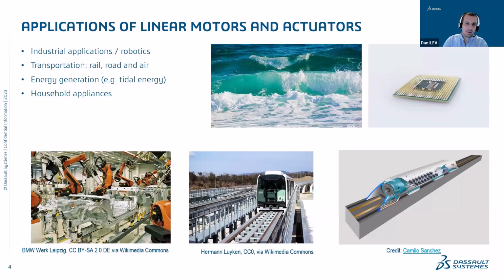Obviously, industry, there are many different examples in that case. So positioning systems, positioning arms. In transportation, things like, for example, maglevs. So it's a linear system for propulsion. We're talking there more about a linear motor than an actuator, but the physics, the principles are very similar.